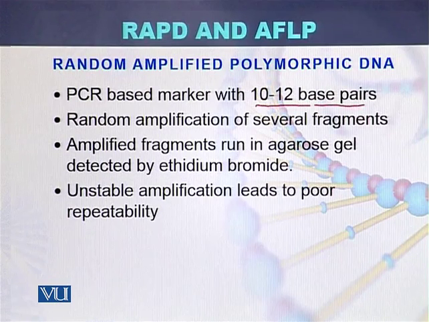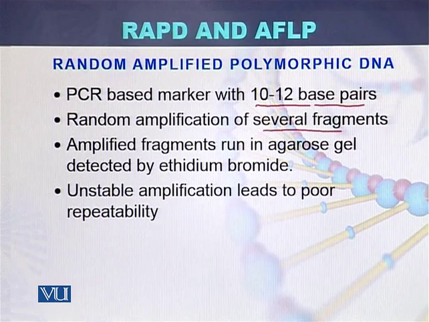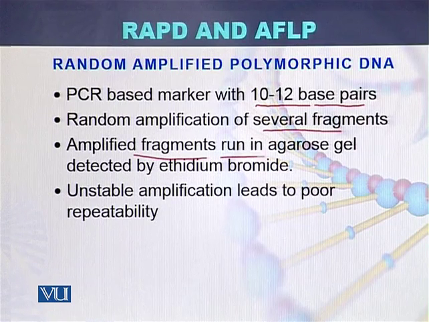So these markers are used to perform random amplification of polymorphic DNA sequences. Several fragments are randomly amplified with the help of these 10 to 12 base pair long markers, and the amplified fragments are run on agarose gel and detected by ethidium bromide.